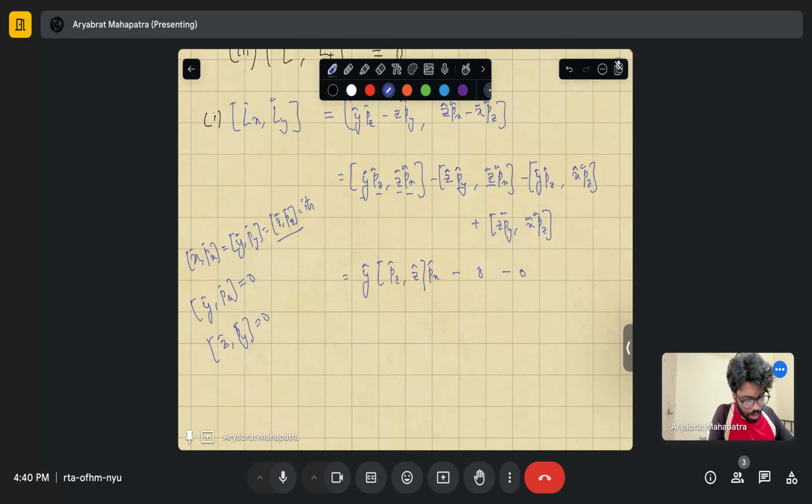At the end you have this last term, where z and pz appear again, and then py and x are there, but they commute with each other, their commutation is basically zero.